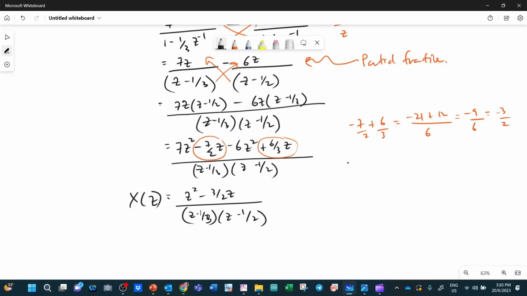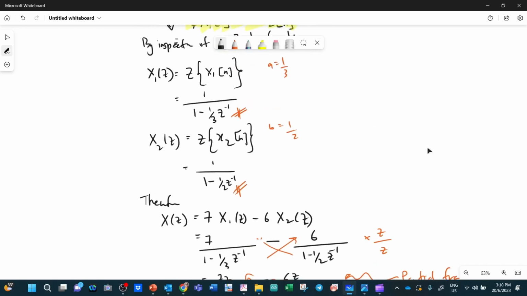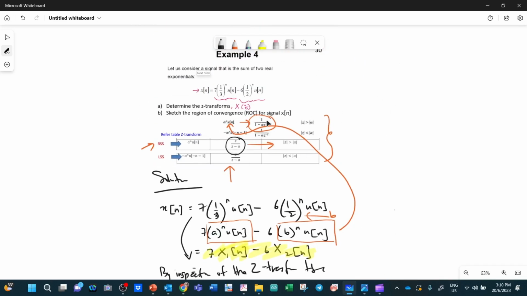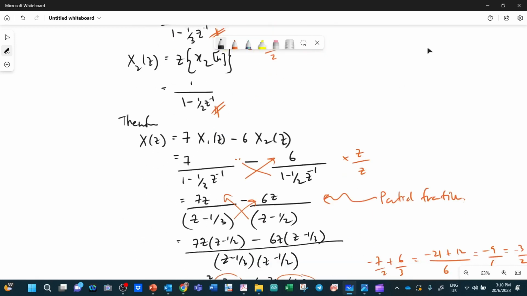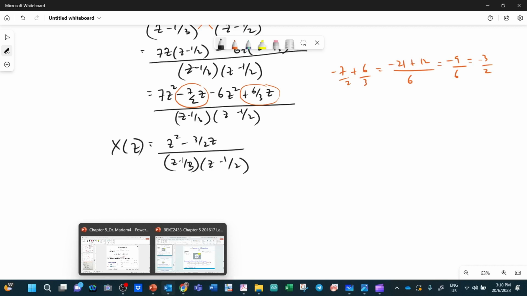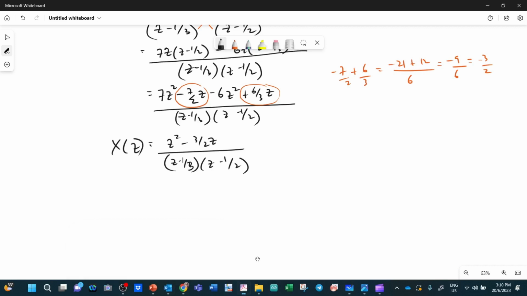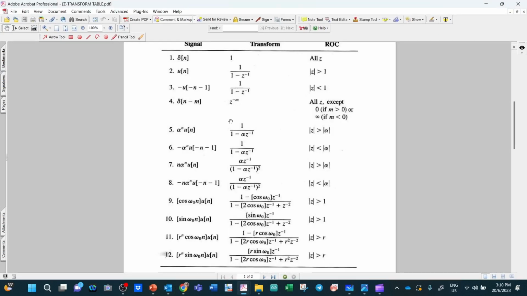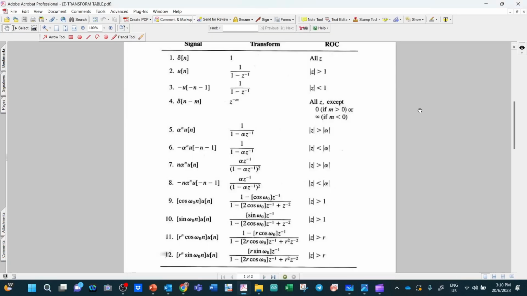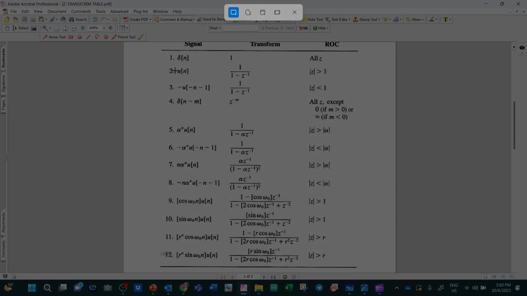Since we want to leave it in terms of the z transform table, which is what we normally use, we want to leave it in that form.